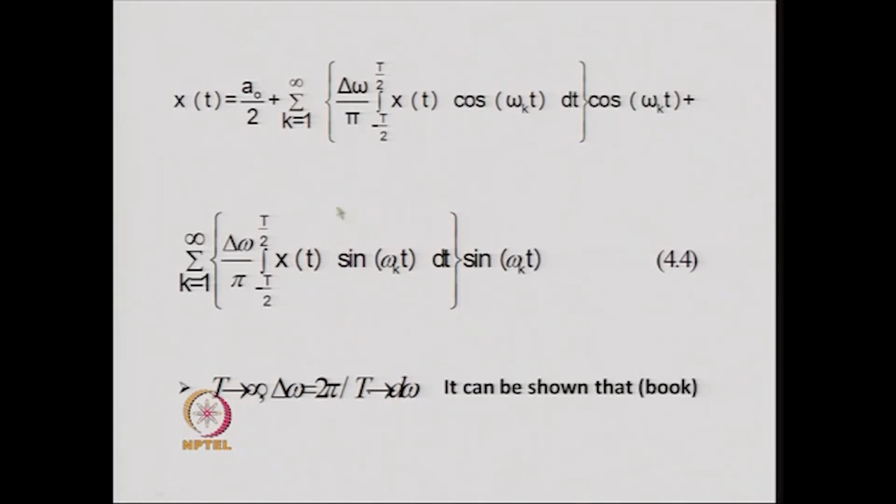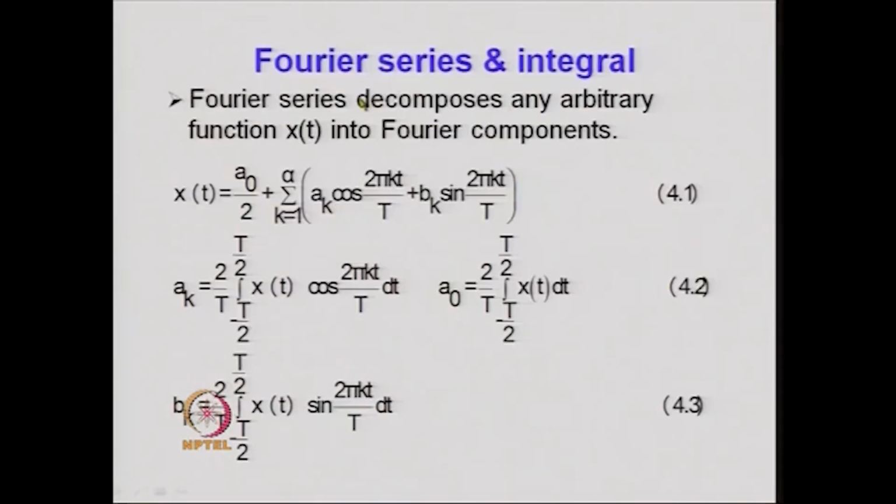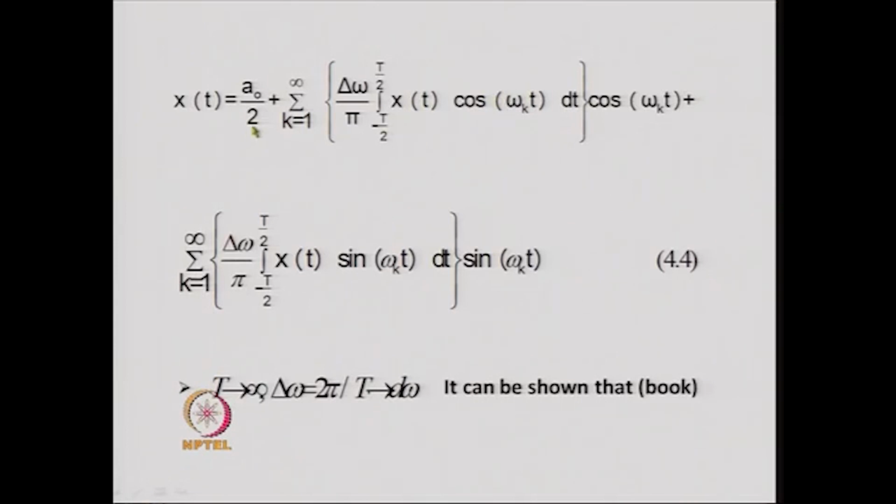Now, how can one obtain a Fourier integral from the Fourier series described here? If we simply substitute 1 by T in the previous equation, you will find that it becomes delta omega by pi.